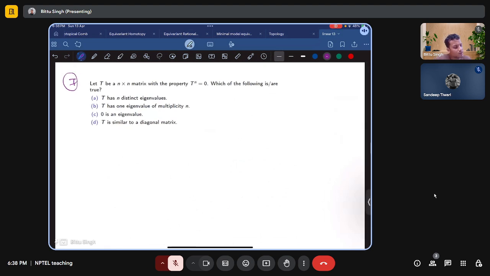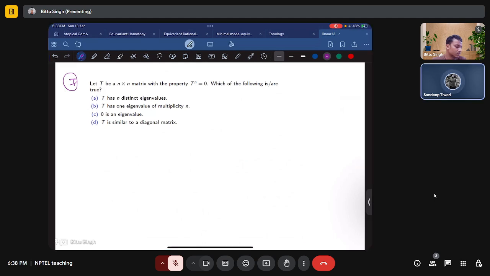Yes, so here T to the power n is 0, it is given. Now T has n distinct eigenvalues. Can we conclude that? No, sir. It has only 0 eigenvalues, sir, with multiplicity.